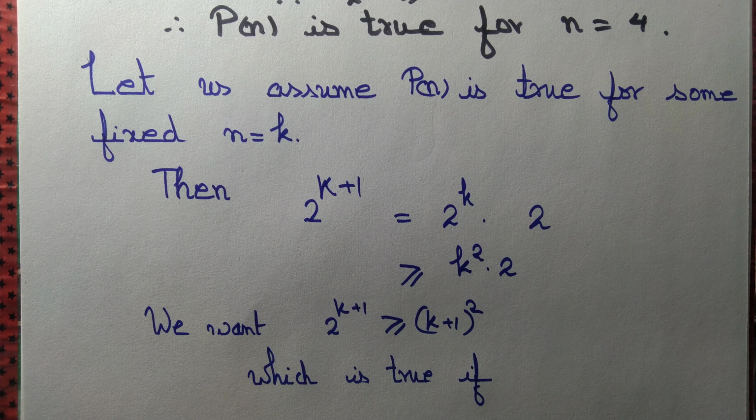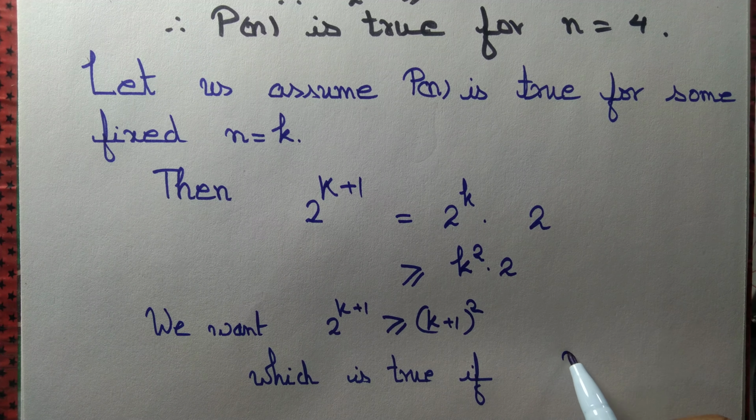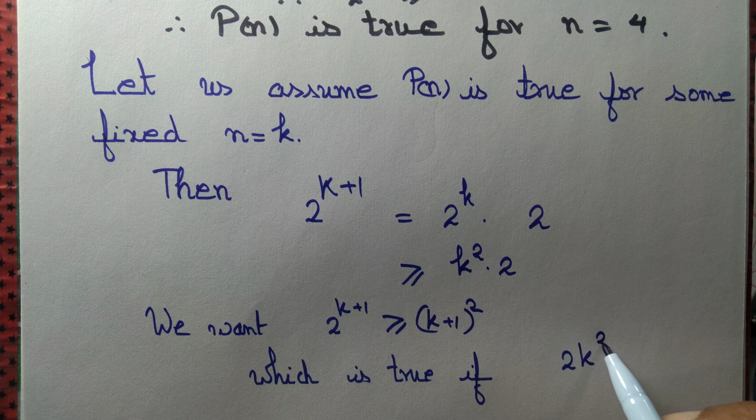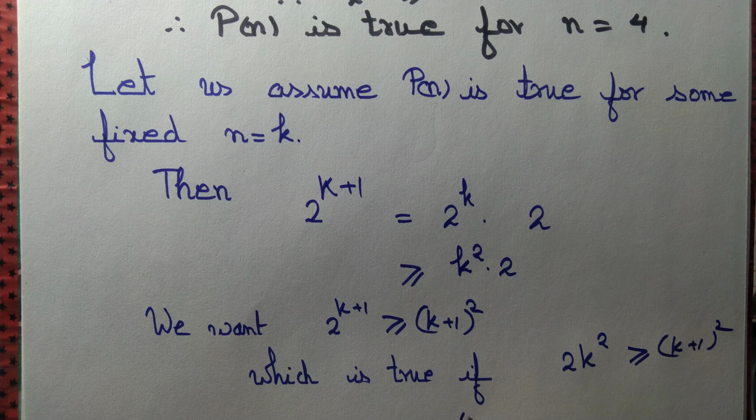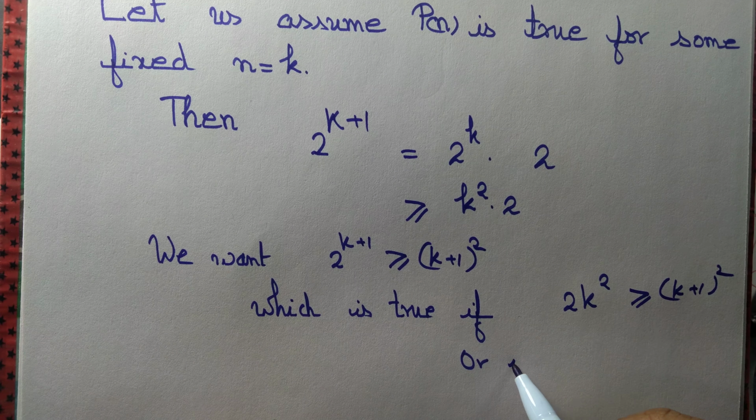If 2k square is greater than or equal to k plus 1 whole thing square, we are done.